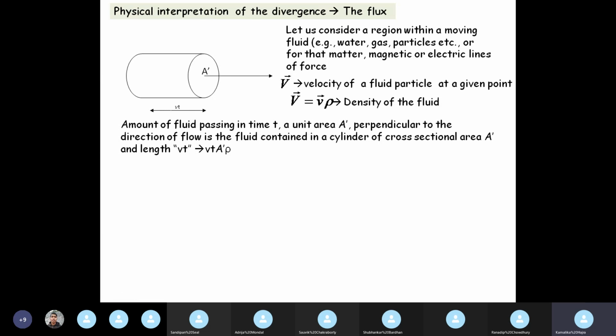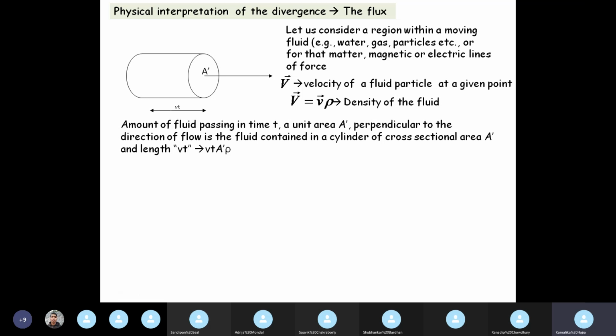It will be given by the amount of fluid contained in a cylinder which has this as its base area and its length given by Vt, because V is the velocity. V is distance by time, so V into t, distance by time into time, gives the length. Have you understood?